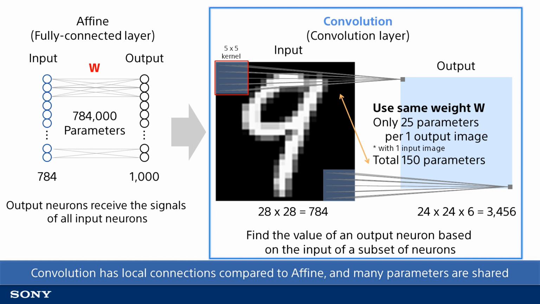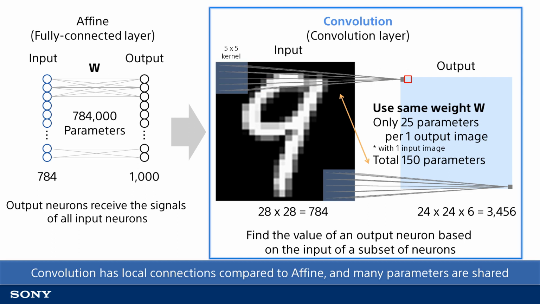Specifically, this 5 by 5 kernel, which is equivalent to the weight W, is multiplied by the values of the upper left 5 by 5 pixels of the input image, the 25 values of this 5 by 5, and the value of the neuron in the upper left corner of the output is determined.